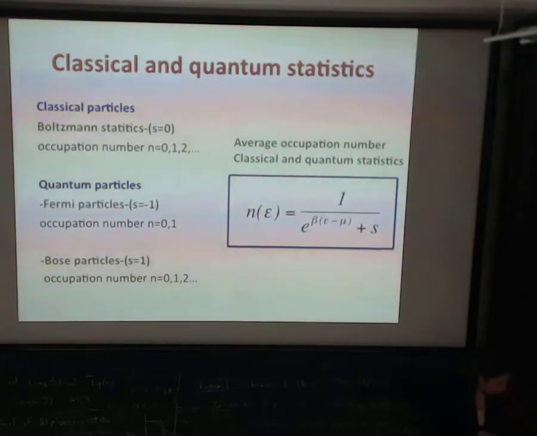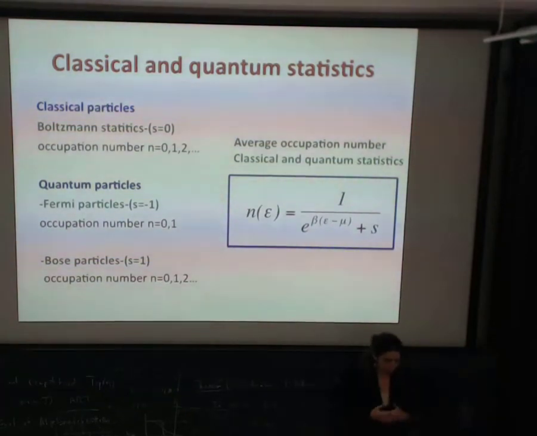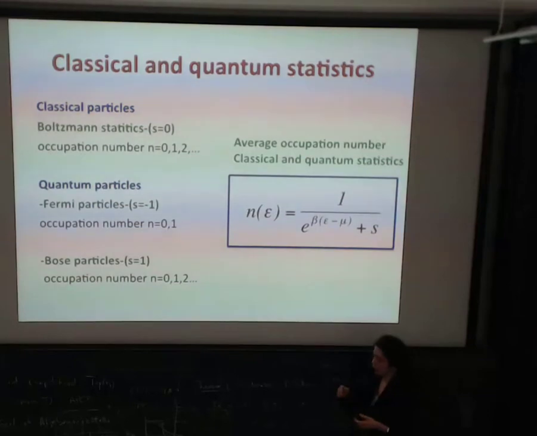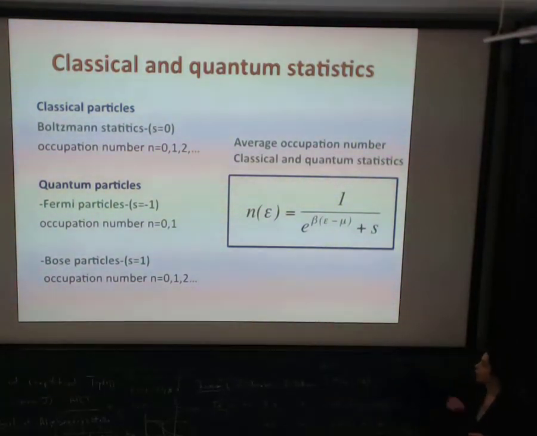So now I want to tell you how from these dynamics we find that these graphs are described by quantum statistics. So in physics, you have classical particles which can be in different energy states, and they have occupation numbers between 0 and infinity, and they follow Boltzmann statistics.